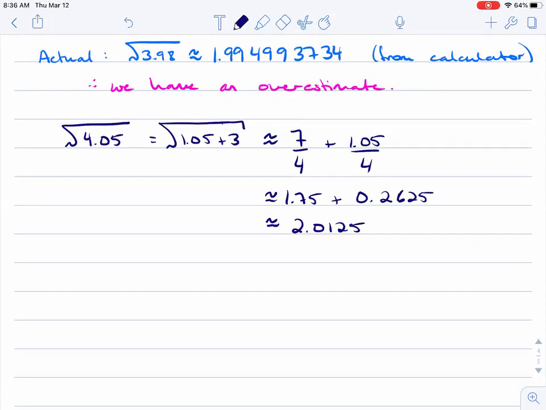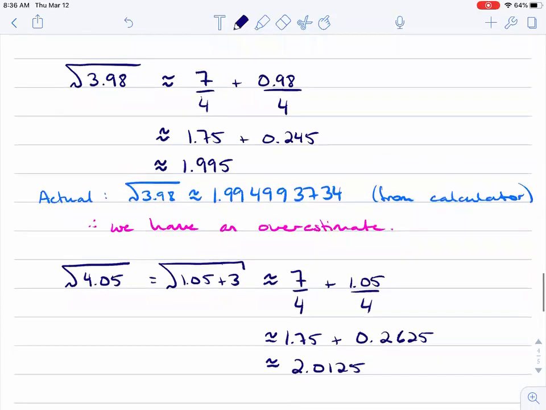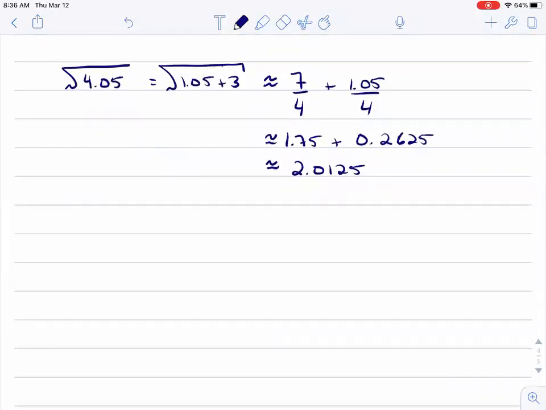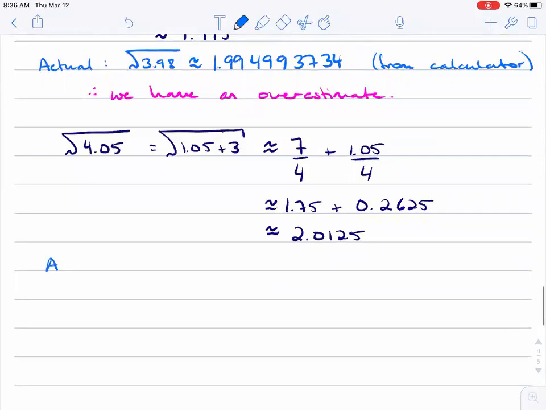Which, if we check in kind of logically, if I take the square root of 4, I'm expecting 2, and so here, and same thing earlier, I was still expecting something around 2, right, because I'm so close to the square root of 4 here. But now we've got 2.0125, and if we do the same thing, we'll call it the actual, but because it's an approximation, it's not going to be.